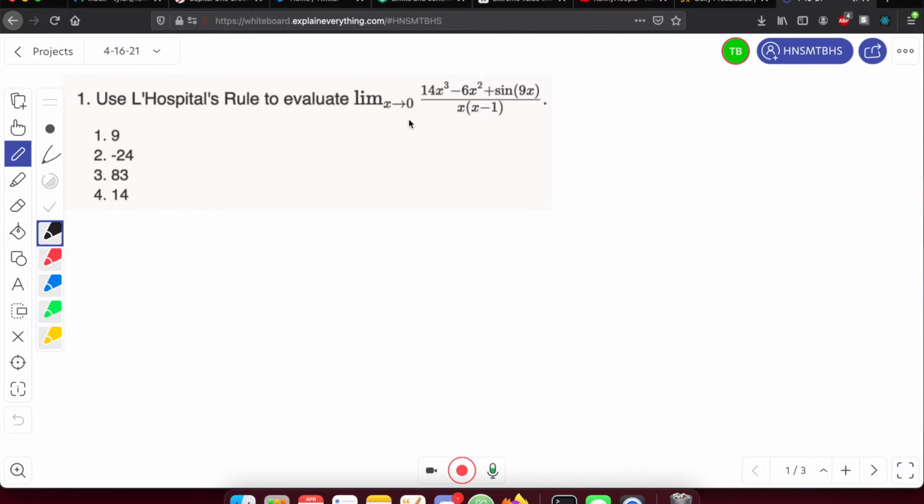Alright, so the first thing we need to ask is, can we actually solve this limit without using L'Hospital's Rule? Is L'Hospital's Rule even applicable here? And I guess we should go over what L'Hospital's Rule actually says.